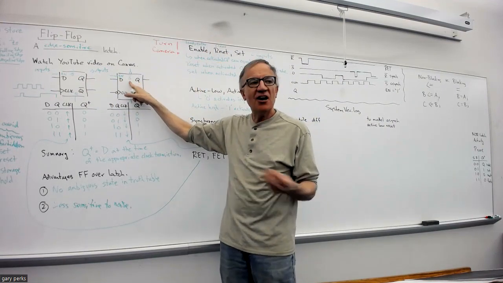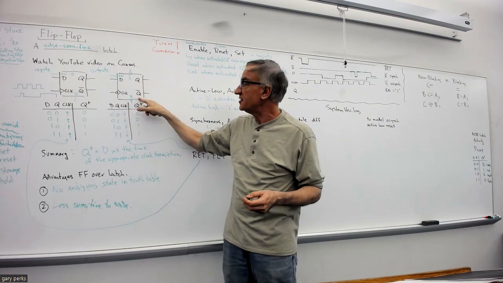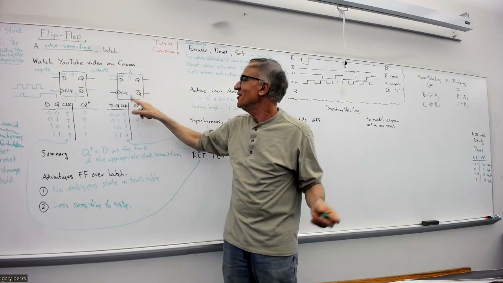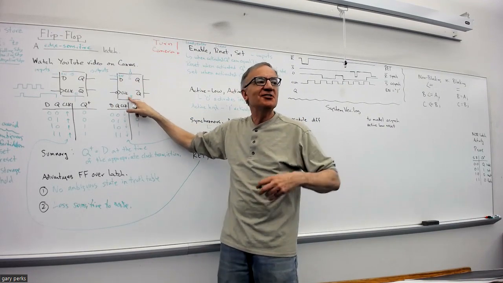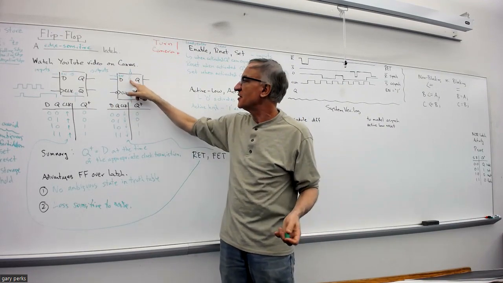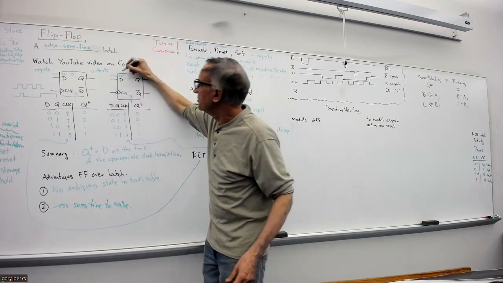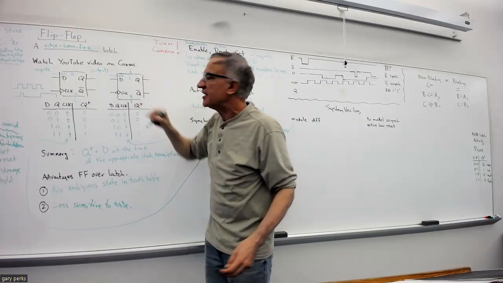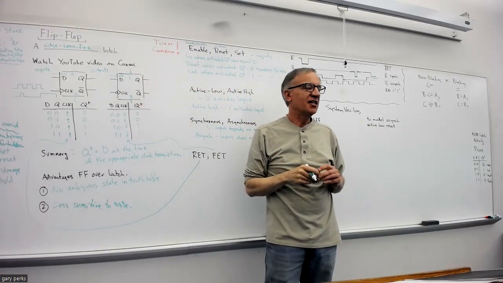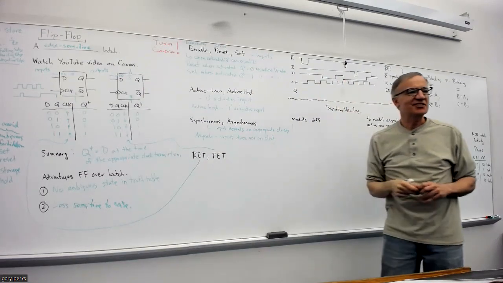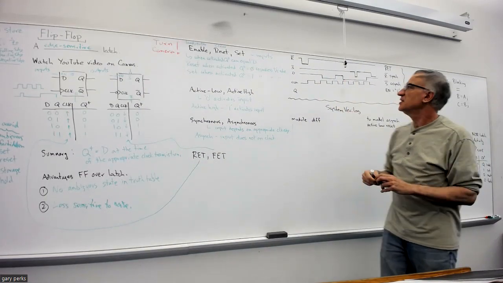This doesn't mean not S and not Q. Now this does mean not Q. But this doesn't mean not R. It just means active low reset. And this means active low set. And there should be a bar over here, meaning active low enable. I know it's confusing, but like I said, don't shoot the messenger. That's just the way it is.